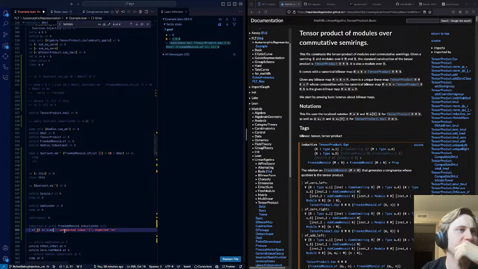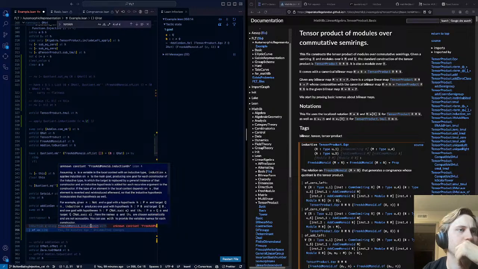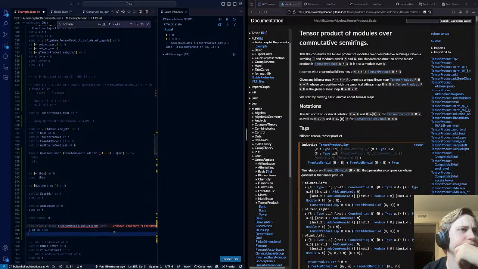Induction C using... unexpected token. Unknown constant. What? Free add monoid induction on. I'm confused.